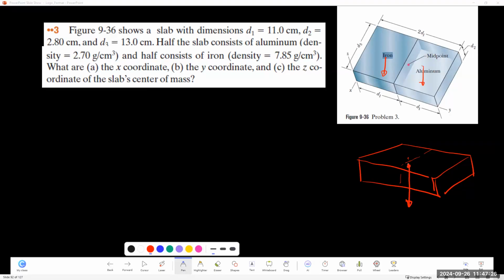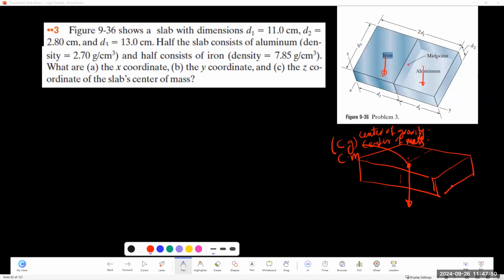I need the coordinates of this point. That is my CG. CG means center of gravity. Some books call it CM. CM means center of mass. Because mass is applied where the gravity is, and where the gravity is, there is the mass.